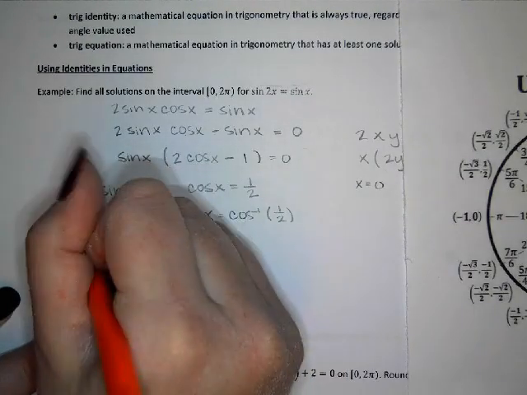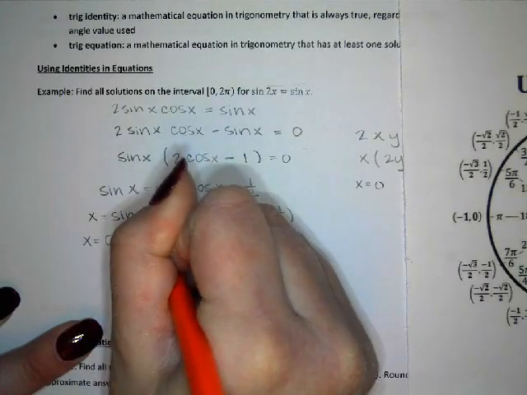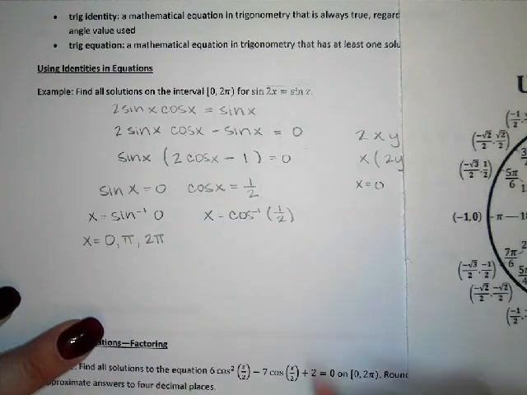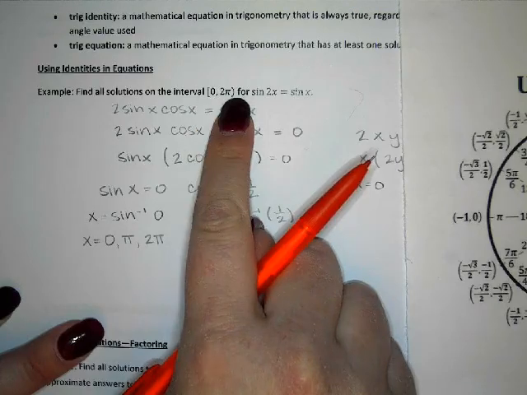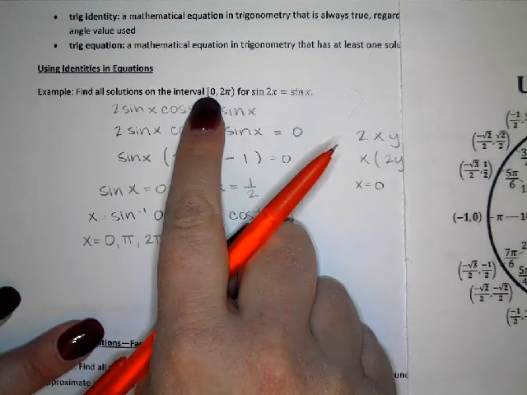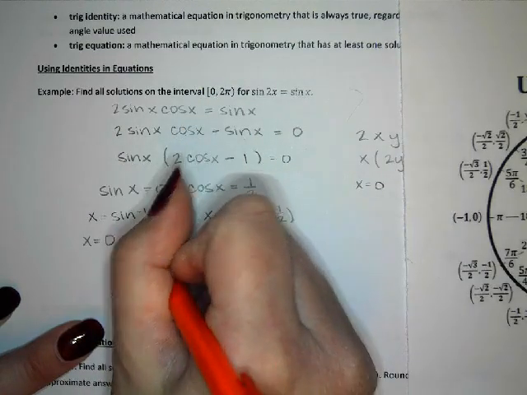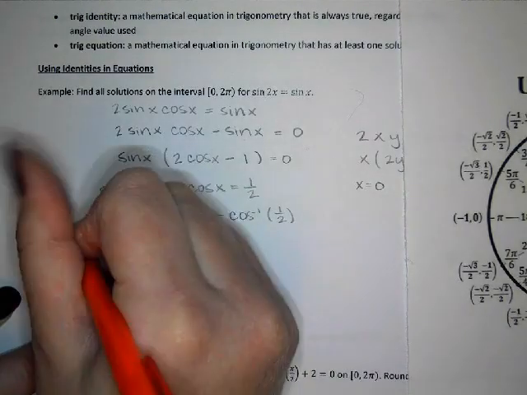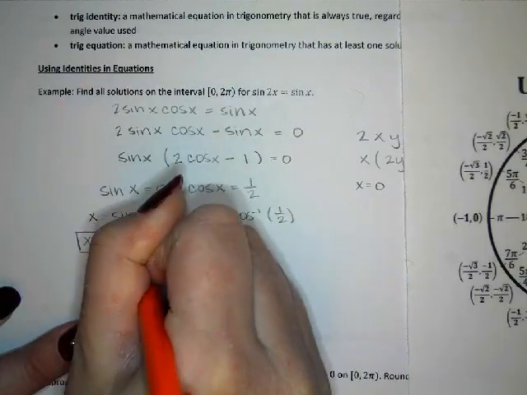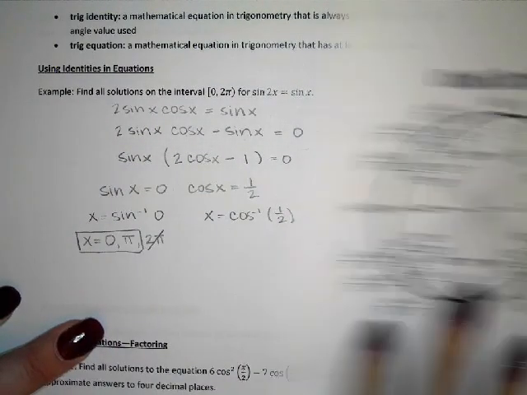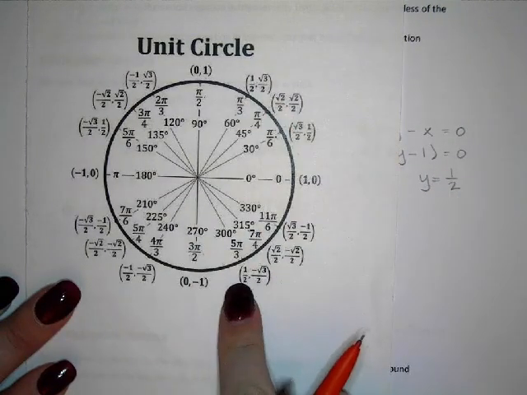So x equals the angle 0 and pi and 2 pi and 3 pi and so on, so all of the pi's. The interval says starting with 0, ending with 2 pi, so don't go past 2 pi. The interval says to include 0, but do not include 2 pi, so I'm not going to include that answer. So here are the 2 answers on the unit circle that I should include based on the interval. And then cos inverse of positive 1/2 would be pi thirds and 5 pi thirds.